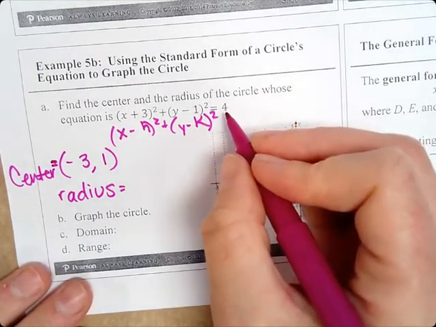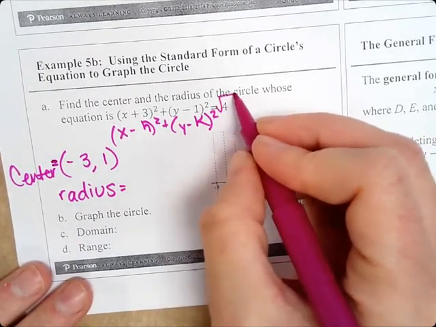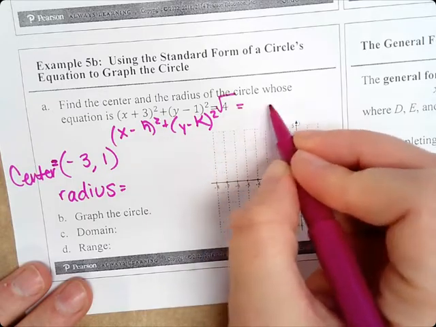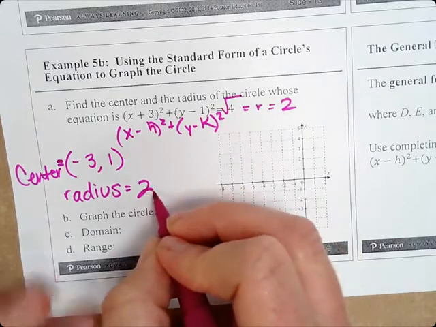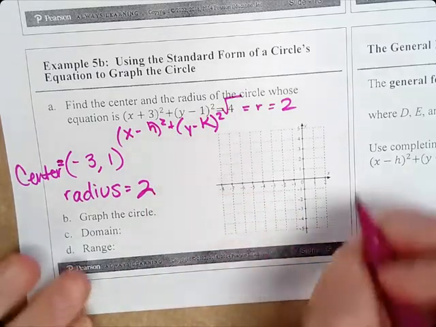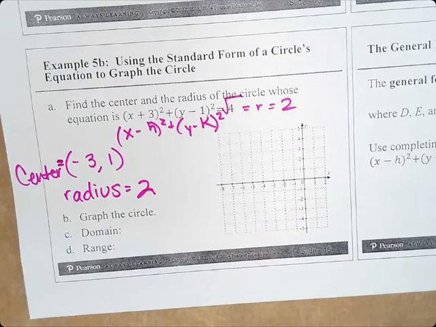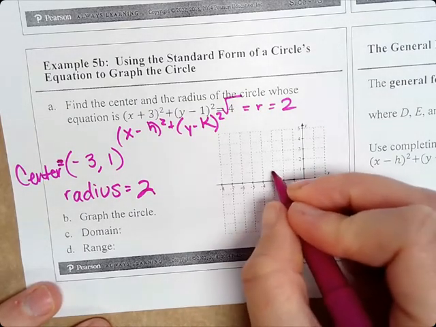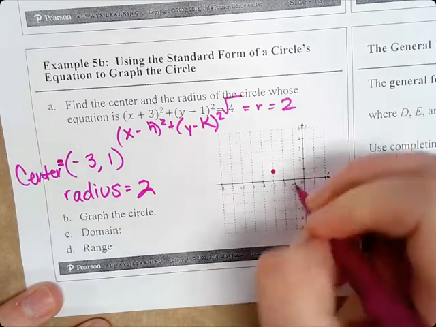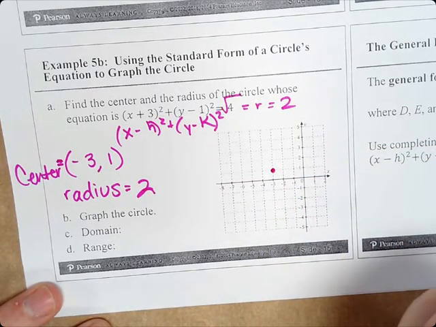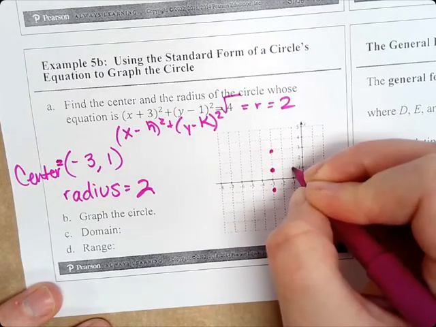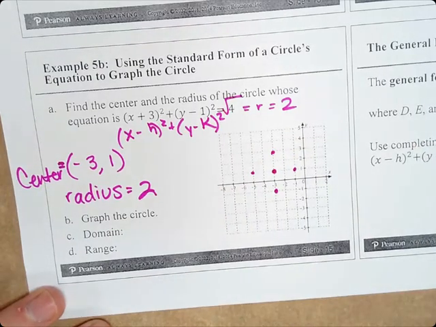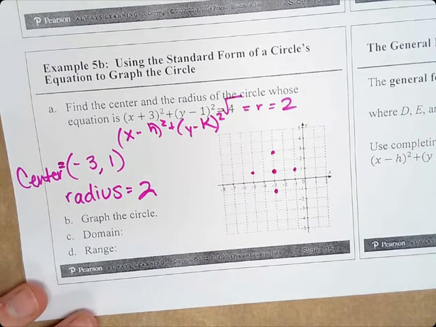Then our radius is 2, because you take the square root of what's there, and we get radius equals 2. So once we have the information, we can go ahead and graph it. So -3, +1 is our center. So in all directions, we go 2 units. Then we do our best to make a circle and not a square.